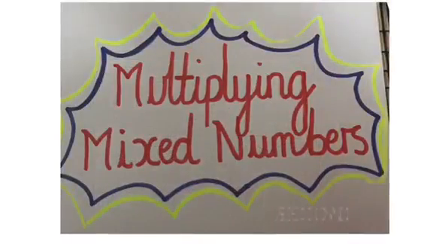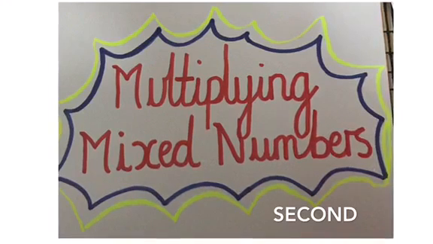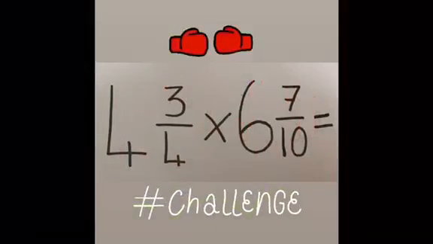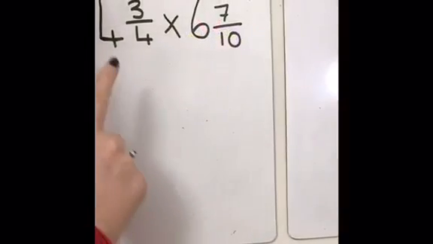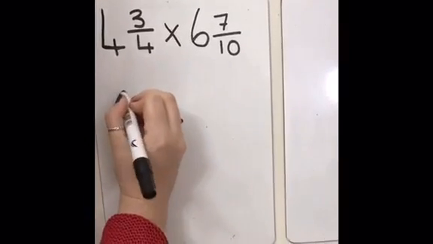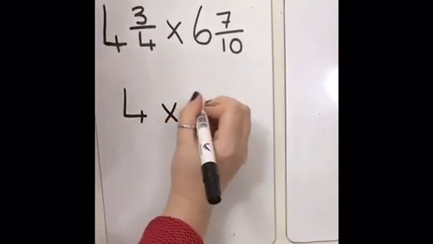Okay, now moving on to multiplying mixed numbers, which has been set as one of the challenges. The first thing I'm going to do is separate my whole numbers from my fractions, so I'm going to multiply my whole numbers together first.